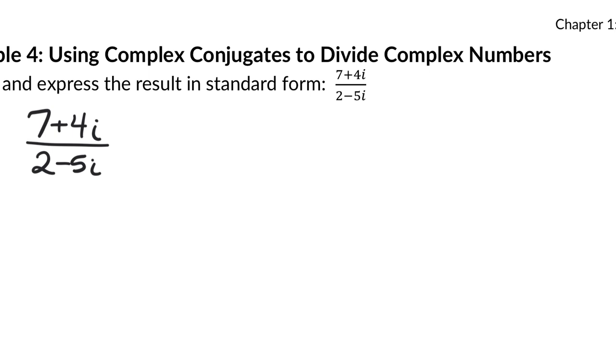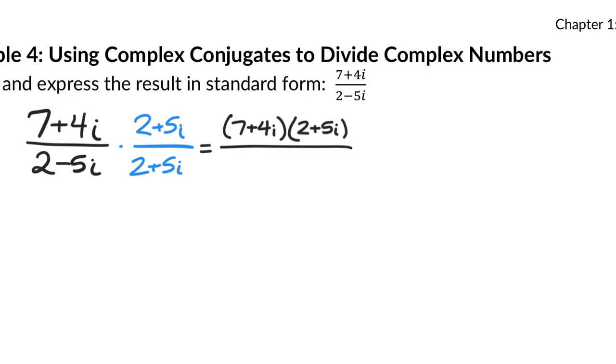What should I be multiplying by on top and bottom? 2 plus 5i. So it's the complex conjugate of the denominator, since we want the denominator to become a real number. Okay, so we're multiplying 7 plus 4i times 2 plus 5i, all over 2 minus 5i times 2 plus 5i.